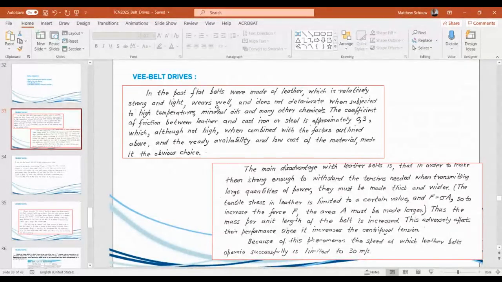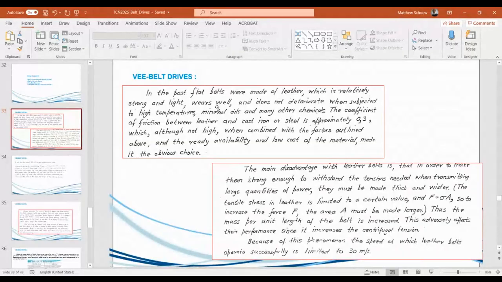This is on your introductory page, around page G5. Leather is relatively strong and light, wears well and does not deteriorate when subjected to high temperatures, mineral oils, and other chemicals. And the coefficient of friction between leather and a cast iron or steel is approximately 0.3, which, although not high, when combined with the factors outlined above and the ready availability and low cost of the material, makes it the obvious choice.